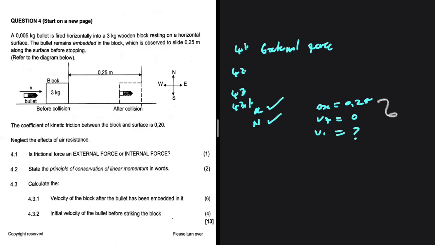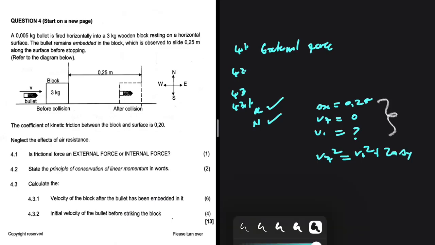With these variables, we can try VF squared is equal to VI squared plus 2A delta Y. But you should realize fairly quickly that even though we have VF and delta Y, we don't have the acceleration. If we have the acceleration, then we can use that equation. But how can we find the acceleration?